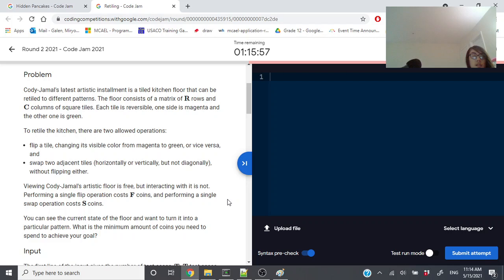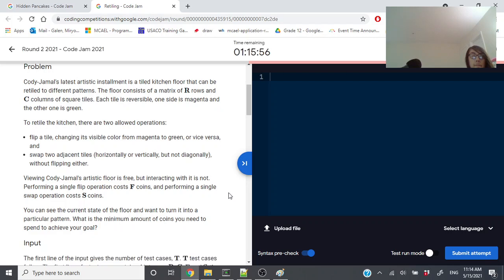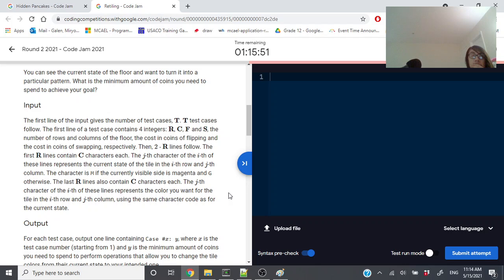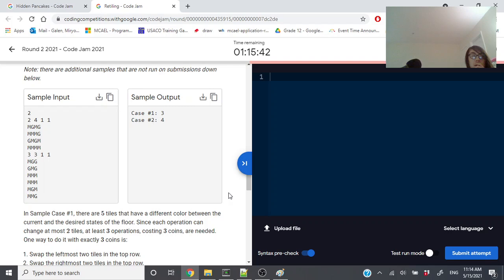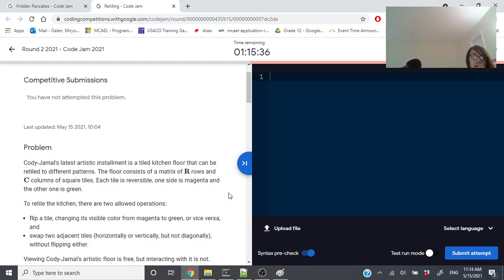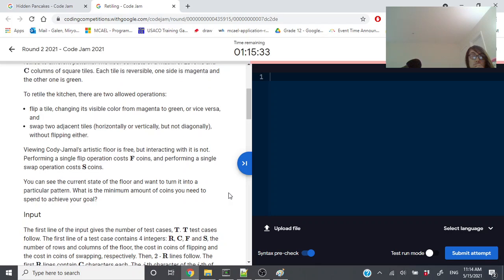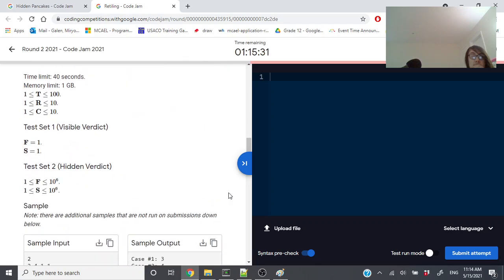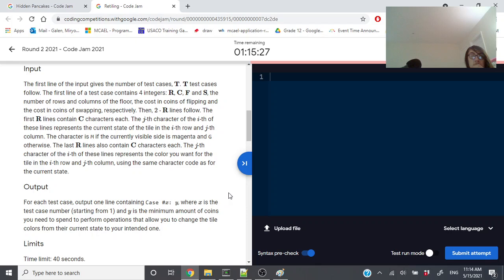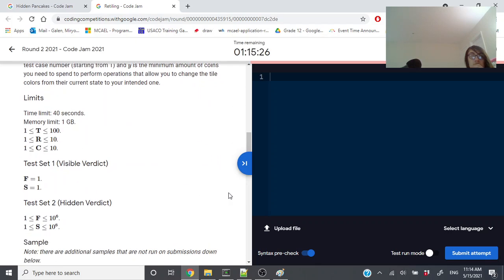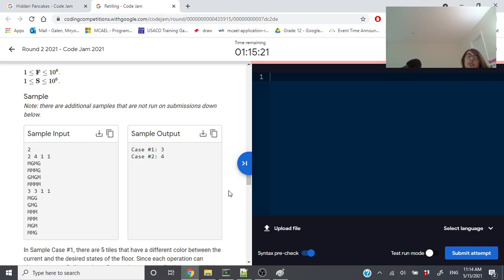So R rows and C columns. Let's see. So they're all 10.